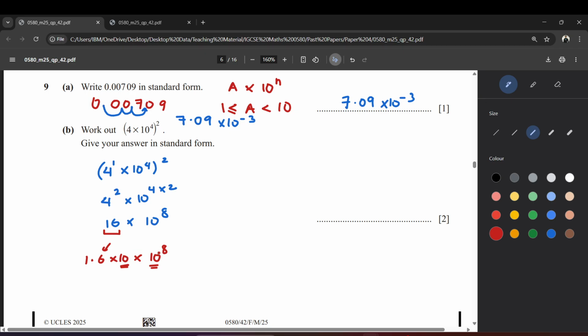So these powers can add up. So therefore your final answer should be 1.6 into 10 to the power of 9. The power of 10 is 1 and the power of 10 over here is 8. So using the rules of indices, we have the same base, so the powers can add up because they are being multiplied. So this will be 1.6 into 10 to the power 9.